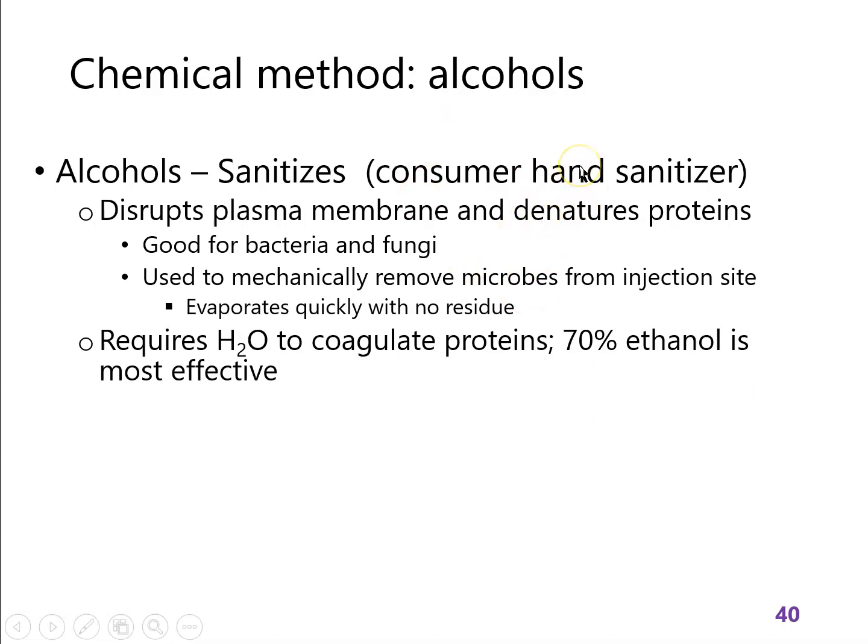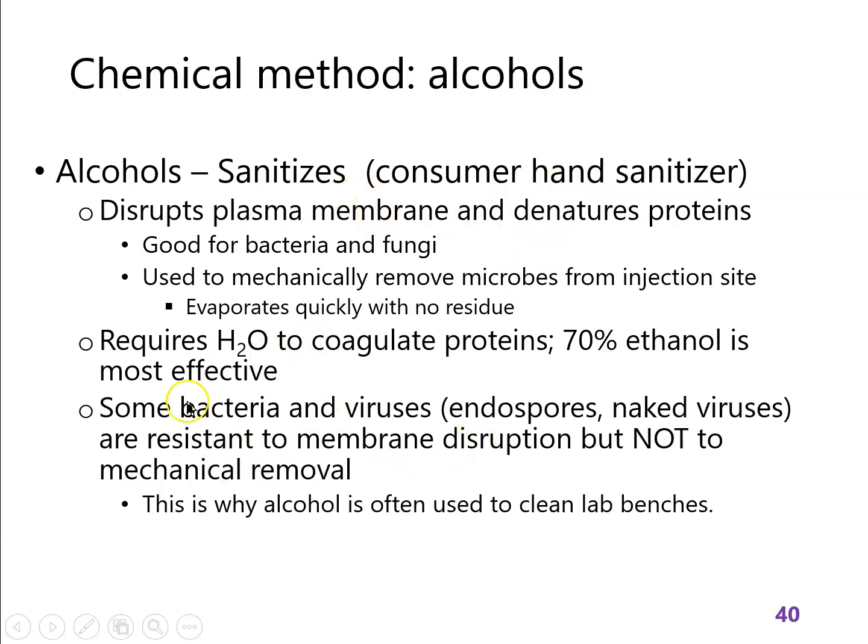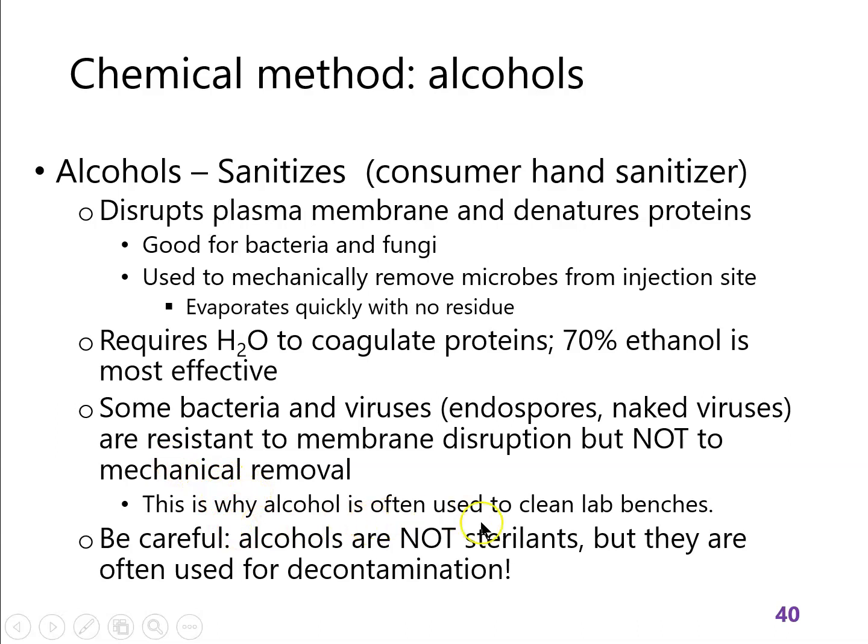Ethanol is also used to disinfect surfaces. And in some cases, is thought to be able to sterilize surfaces, but not through poisoning the bacteria. It's because we use it to mechanically remove them. It can separate bacteria from surfaces, so we can use it to physically remove them by wiping them away, but it doesn't kill them. So we can remove endospores using alcohol, we just can't destroy them using alcohol.